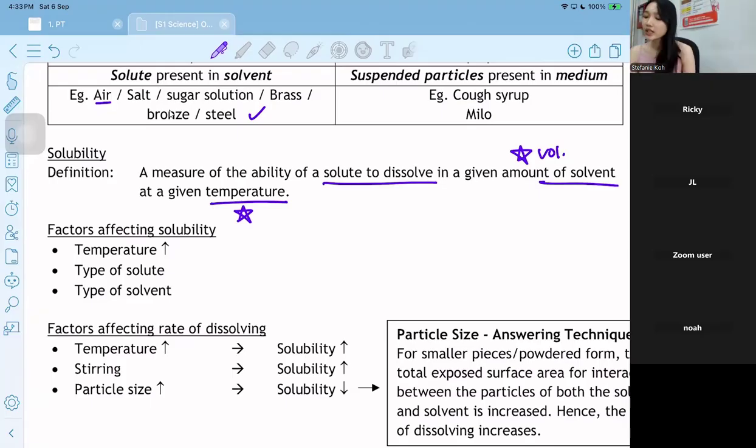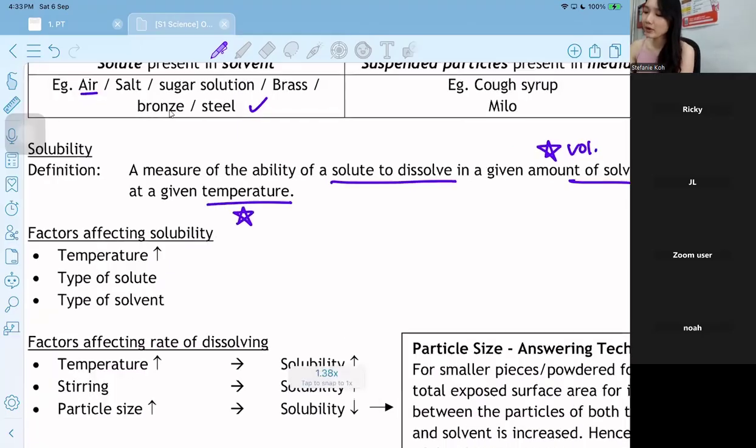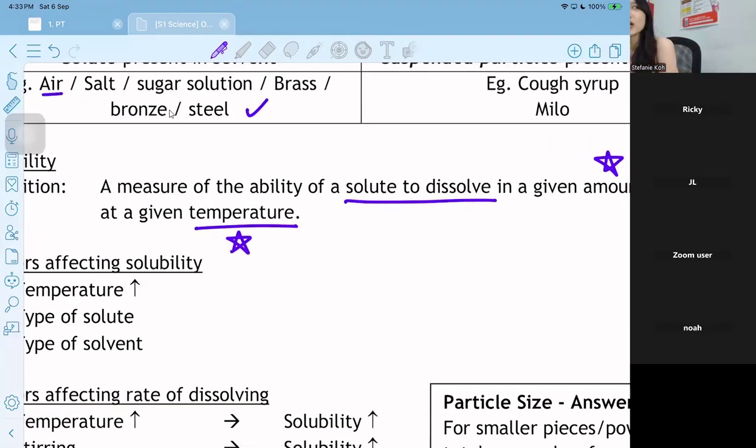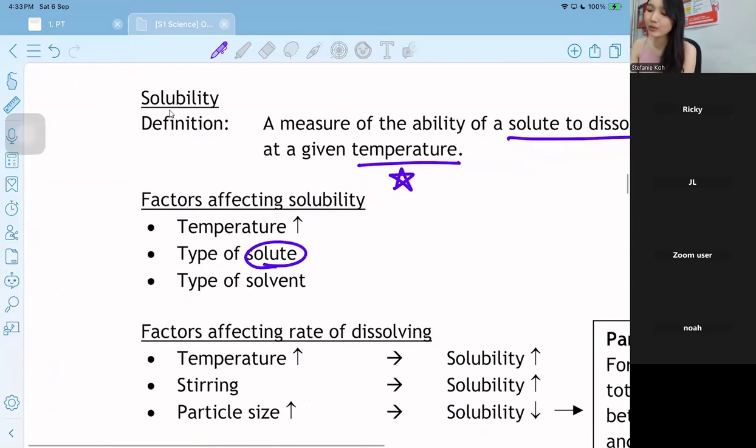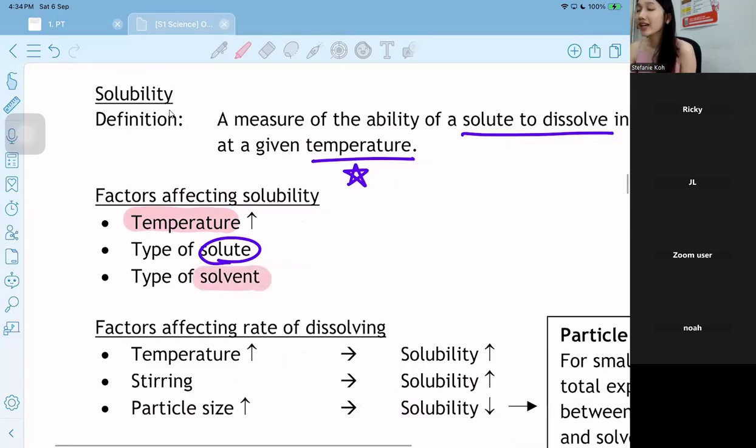And of course, what type of solute? Are you using sand? Are you using salt? Are you using sugar? The solute will determine whether it will even dissolve. And temperature as well. If you want to make Milo dissolve faster or dissolve more, then you use hot water. So temperature will affect it. And are you using water, or are you using alcohol? That will affect solubility as well.